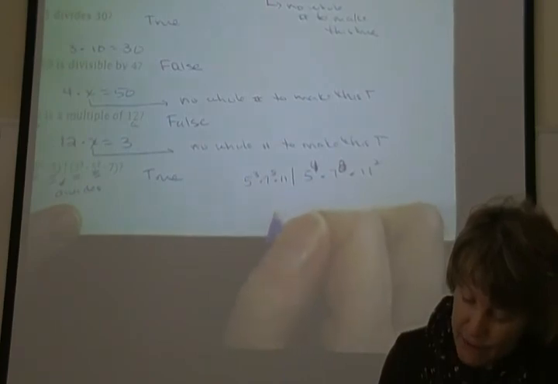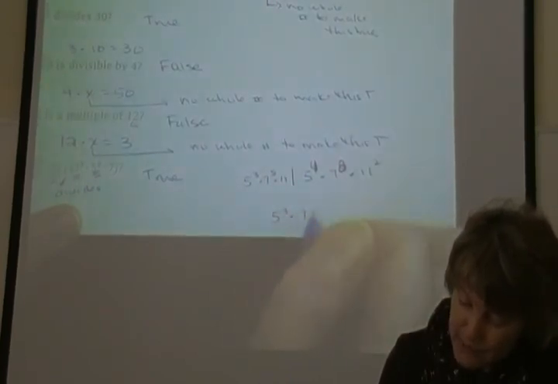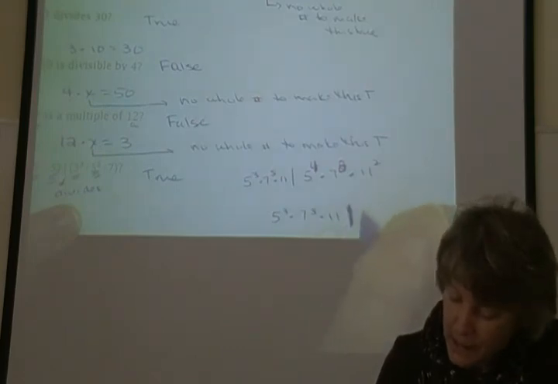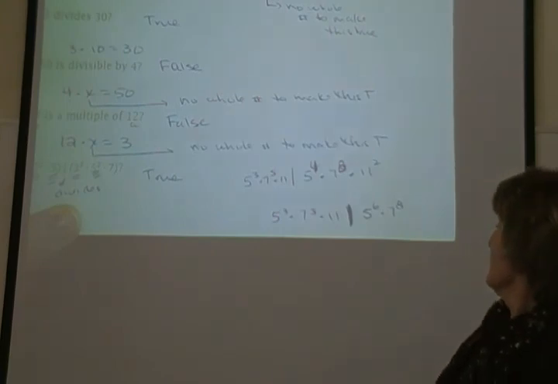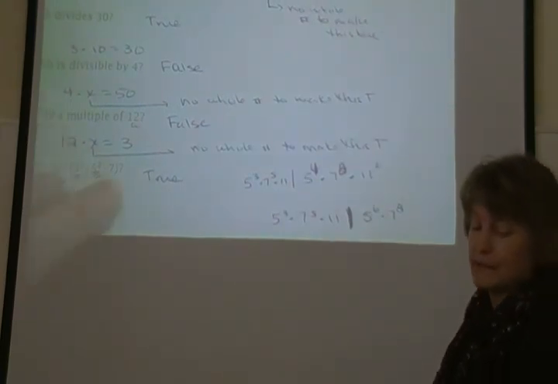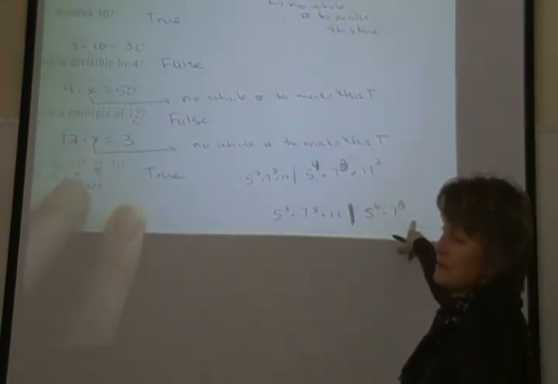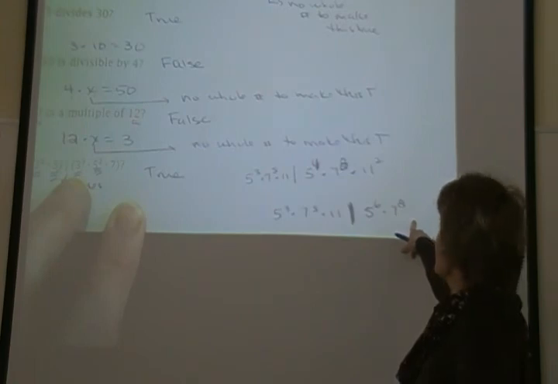But if I have 5 cubed and 7 to the 5th and 11, and on the other side of my divides, I have 5 to the 6th and 7 to the 8th, now I'm false. Because I can't make the left divide the right if I don't have at least one factor of 11 over here.